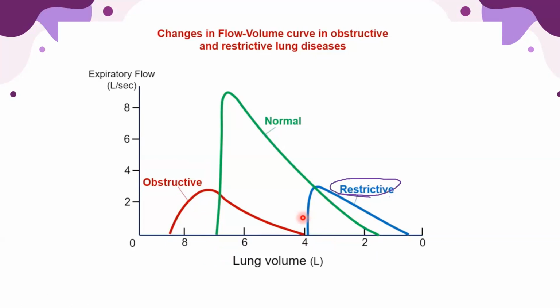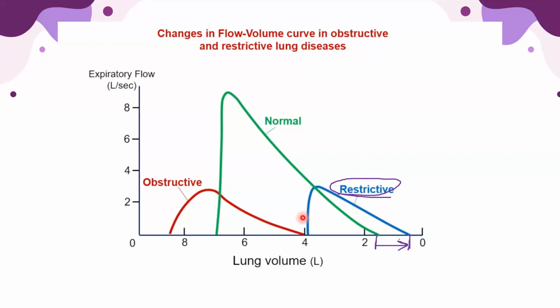Restrictive lung disease. Here, you can see the residual volume is lower than normal because more force is being put into exhalation because of the excess fibrosis. You're not supposed to have excess collagen deposition or fibrosis inside the lung. That's a pathology. That's why your residual volume is decreasing.